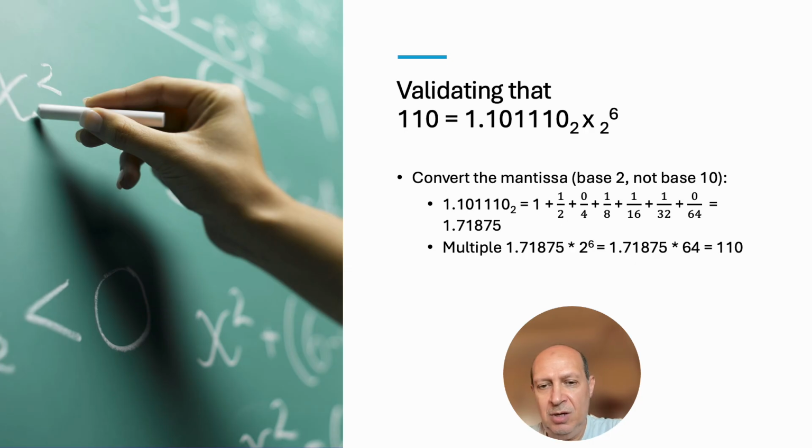So I took every bit in the fractional part, and then we included the multiples of 2 incrementally as we go from left to right. And then we end up with 1.71875. Now let us multiply that by 2 to the power 6, which is 64, and we end up with 110. So this is a proof that 110 is indeed equal to 1.101110 times 2 to the power 6.